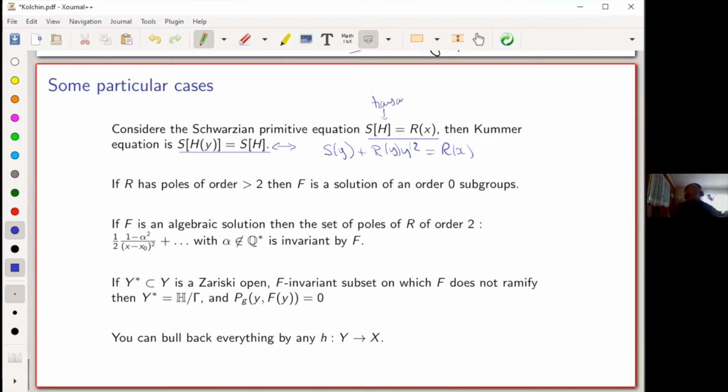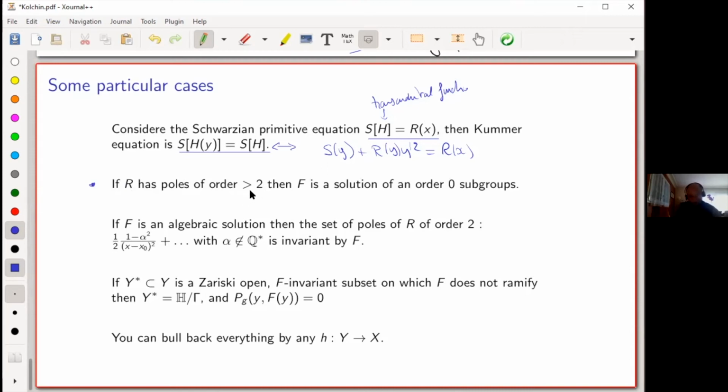It is a transcendental function. It is differential algebraic, but transcendental. So now there are some cases where you can build this group gamma and all these things. It is the case, for instance, where R, okay, so if R has a pole of order bigger than 2, it's a rational function.